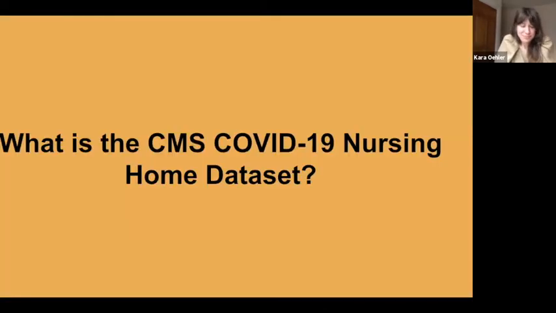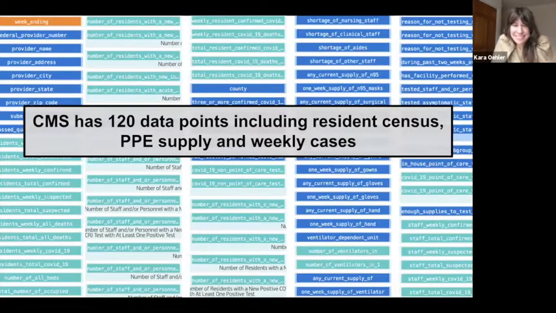Next slide. So what is the CMS COVID-19 nursing home data set? The CMS data set has 120 data points. It's incredibly standardized. It includes resident census, current licensed bed count, PPE supply, suspected cases, confirmed cases, suspected deaths, confirmed deaths.